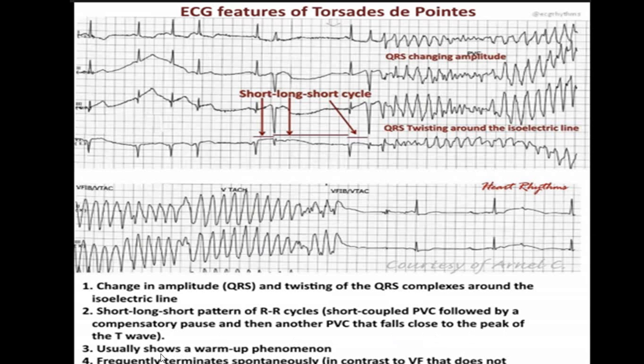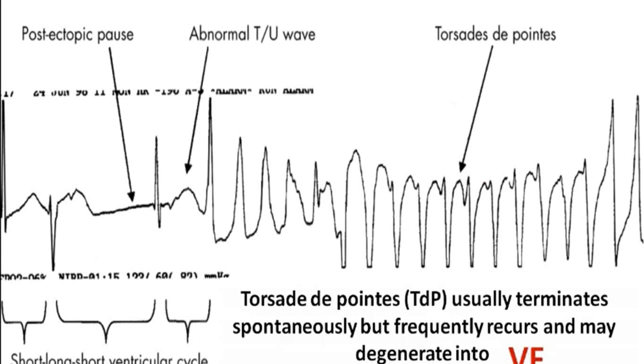So frequently terminates spontaneously, in contrast to ventricular fibrillation that does not terminate without defibrillation. So Torsades De Pointes will start, may terminate spontaneously or may go into ventricular fibrillation, and once it goes into ventricular fibrillation, the mortality rate is very high unless you defibrillate and treat them.